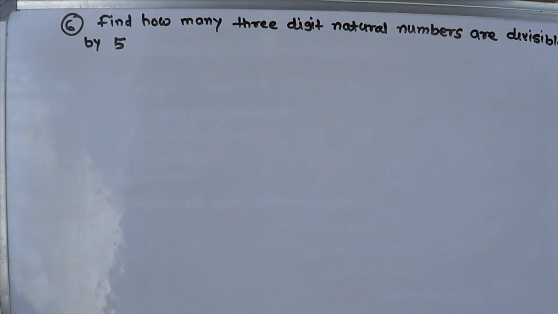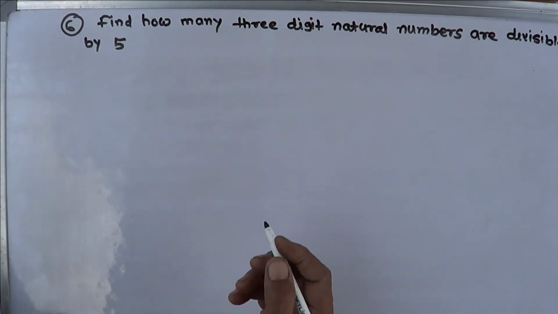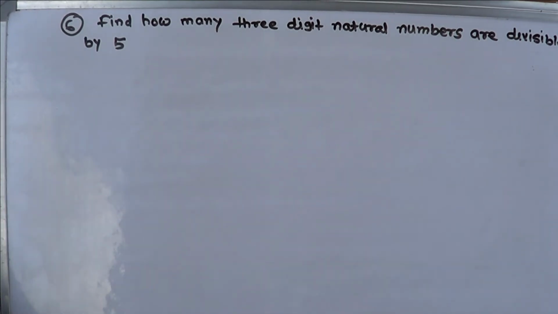Here in example 6, we have to find out how many 3-digit natural numbers are divisible by 5. तर आपल्याला किती 3-digit नंबर्स असे आहेत की त्यांना डिव्हिजिबल बाय 5, ज्यांना 5 ने भाग जाणार आहे असे आपल्याला शोधायचे आहेत. आता 3-digit नंबर आपले सुरुवात कुठून होतात, 100 पासून, आणि संपतात कुठं, 999 पर्यंत.